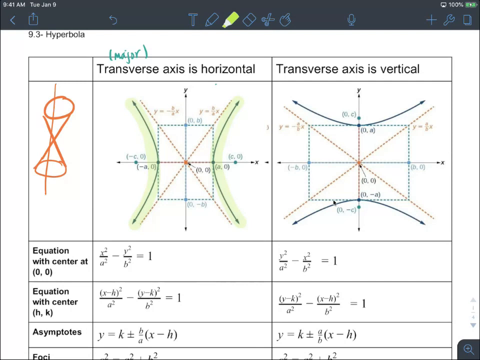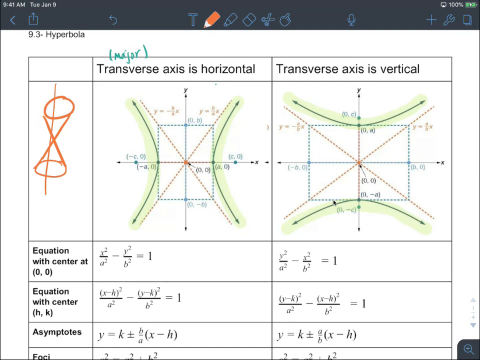Make the hyperbola, and then on a vertically adjusted hyperbola, we have these two lines. We don't really say the major axis for a hyperbola, we say the transverse axis, because sometimes the transverse axis is shorter than the conjugate axis.